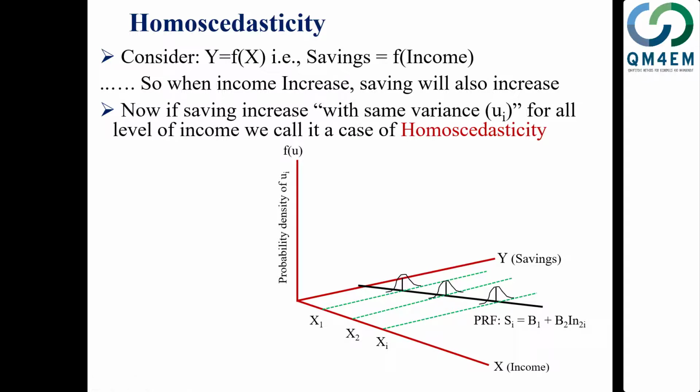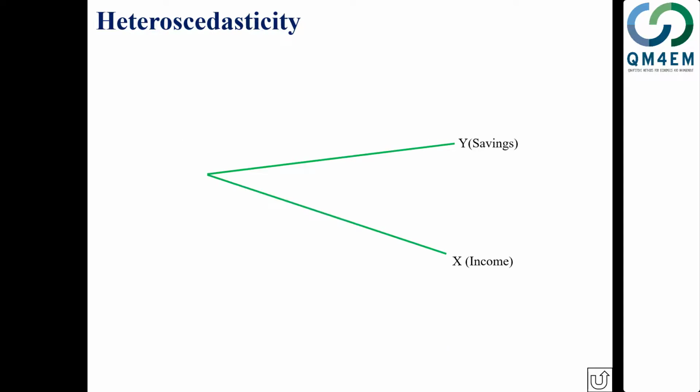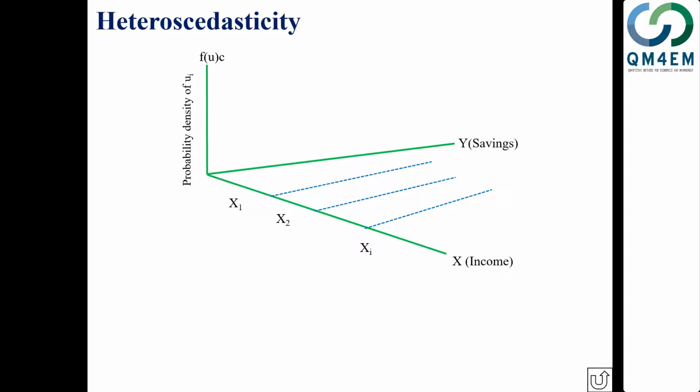Now, if this is homoscedasticity, what is meant by heteroscedasticity? Let me move to the heteroscedasticity slide. In heteroscedasticity, again taking the same example, the same income levels, but now as income changes, the saving changes, and the variation in saving is different.